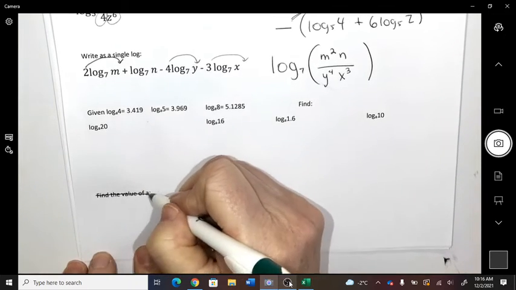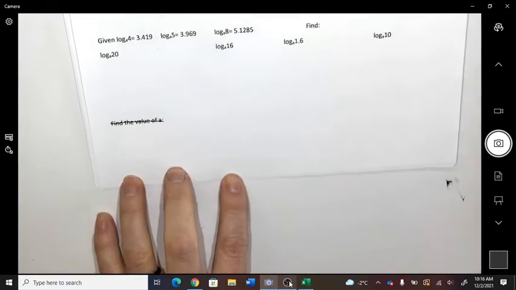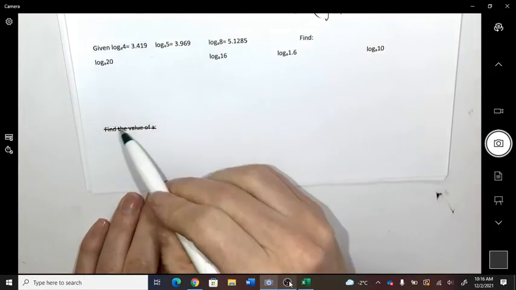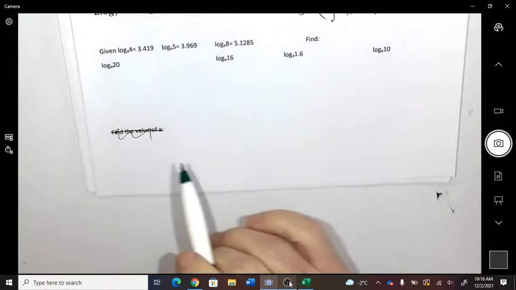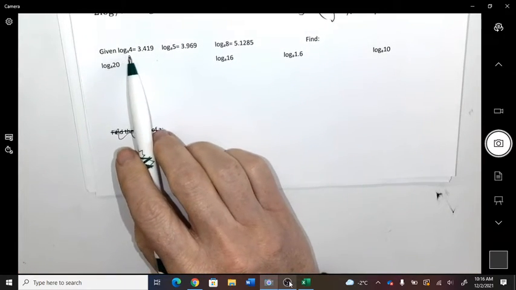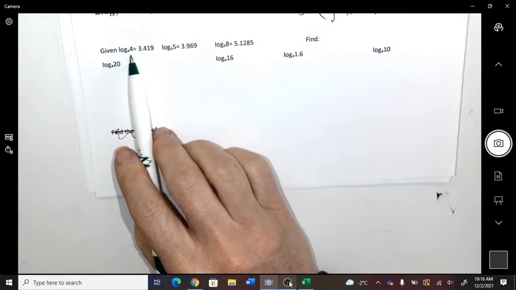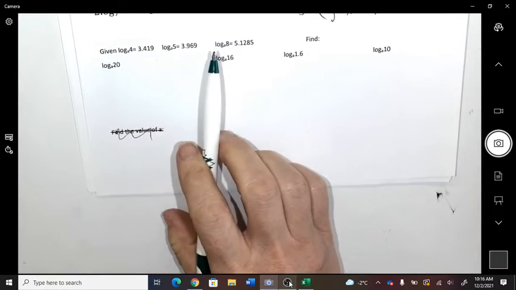Okay, and the stuff on the bottom here, I'm just not going to be doing this last thing. Okay, I gave you 3 things here. I gave you the log of 4, the log of 5, and the log of 8.